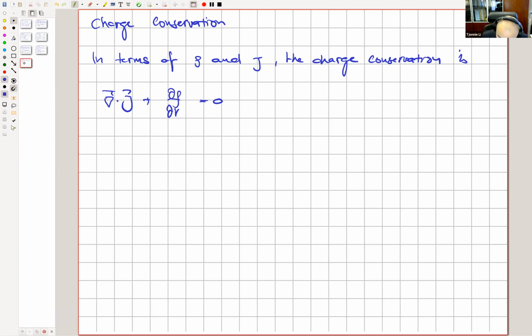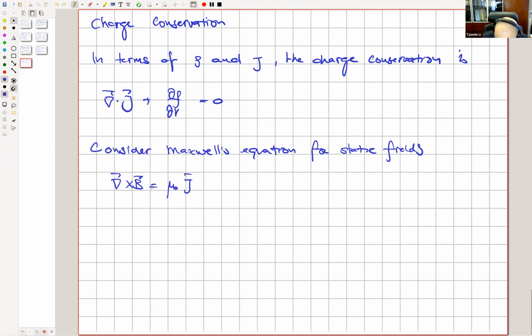Let's consider Maxwell's equation for static fields. I write the following: the curl of B equals mu naught J.